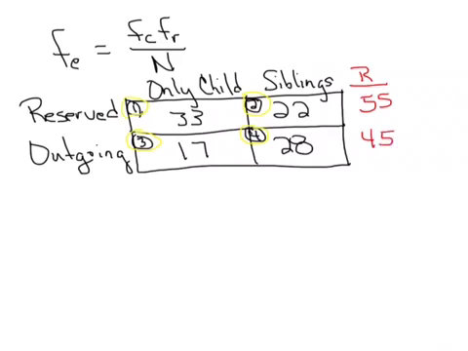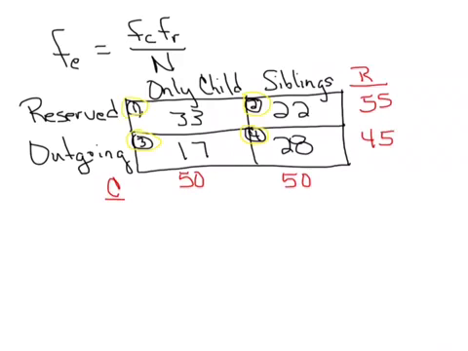Then we're going to get our column marginals. When you go down, that's a column. So 33 plus 17 is 50, and then 28 plus 22 is 50. That makes sense because if you remember in the initial research scenario, it talks about how they obtained 50 people with one or more siblings and 50 people that were only children.